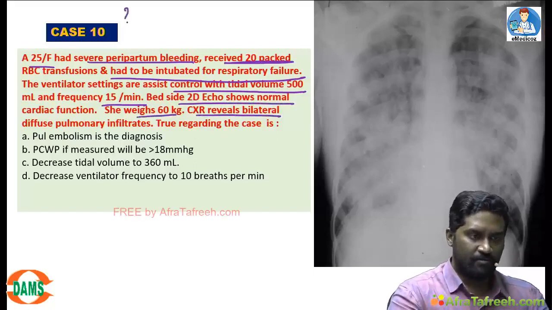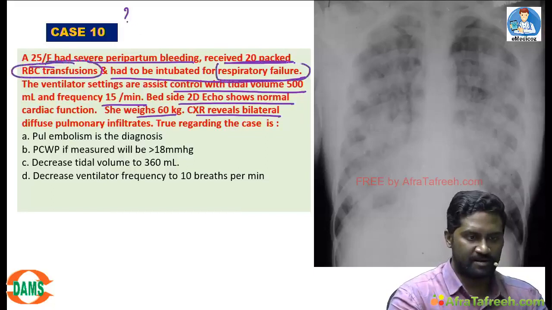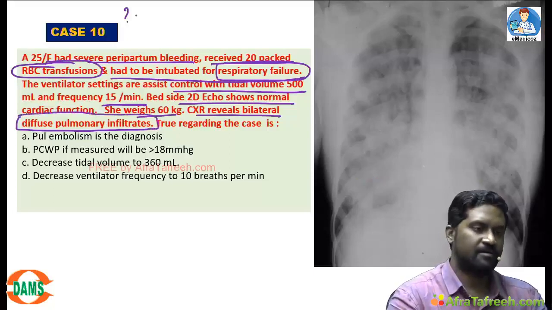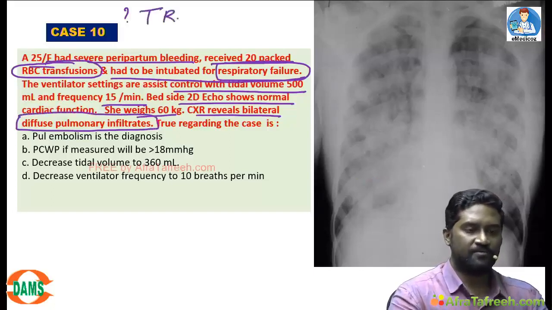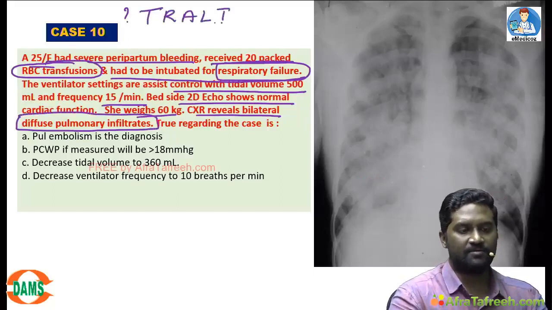First of all, what might be the diagnosis? The patient received RBC transfusion, later respiratory failure, and the chest X-ray is showing diffuse pulmonary infiltrates. So what is this? Transfusion related acute lung injury.